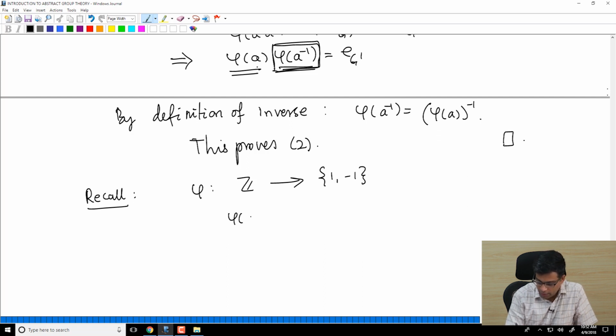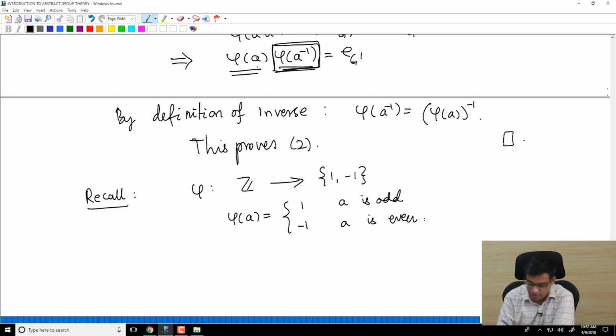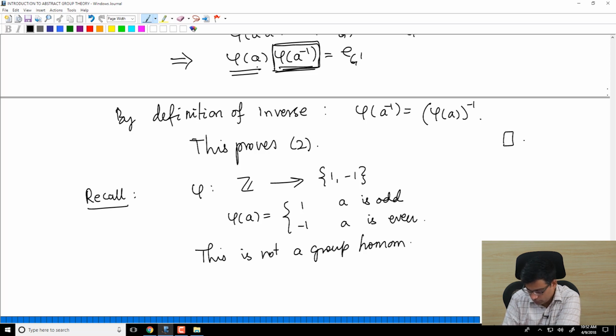Phi of a is, let's say, 1 if a is odd, minus 1 if a is even. And I asked you to check that this is not a group homomorphism. That was left as an exercise for you.